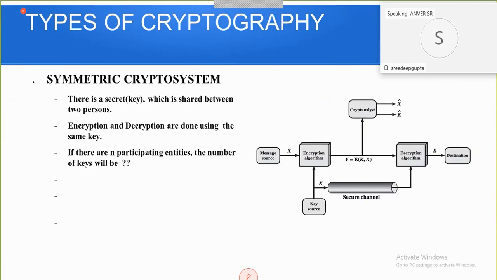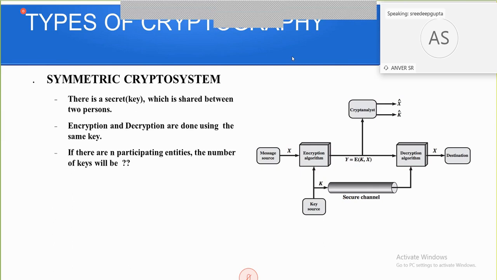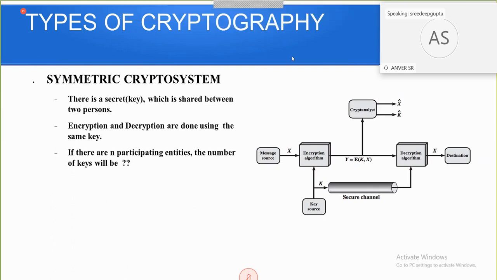Okay, students. Sorry for the interruption. So we can continue. Here, this is a symmetric crypto system. So the key source, there should be some key source. Usually, the sender will be the key source, and the sender is generating the key and passing it to the receiver through a secure channel. That pipe means that is a secure channel, and the ciphertext is passed through an unsecure channel.